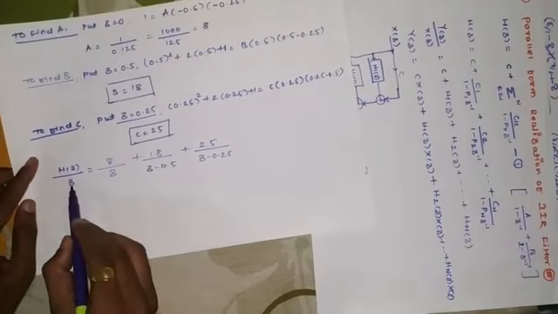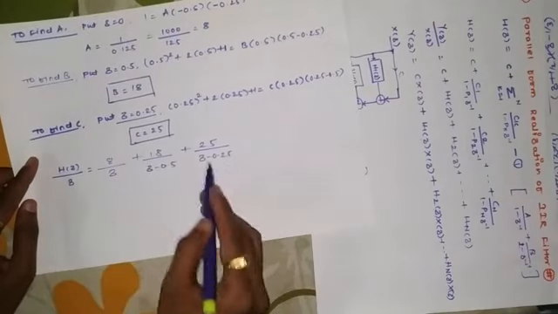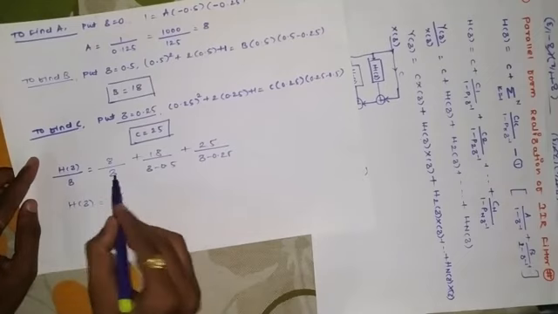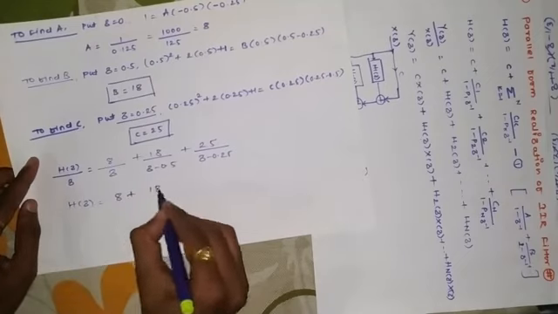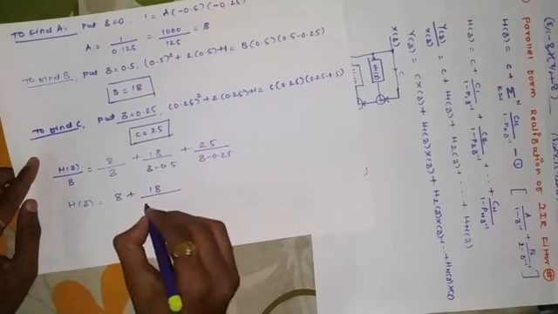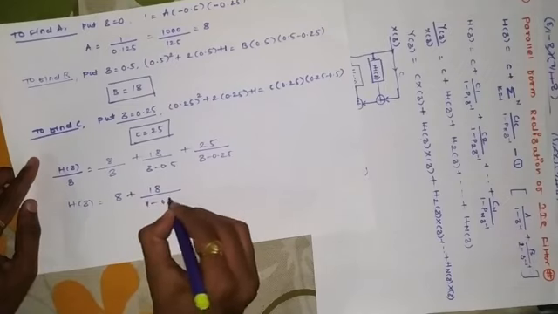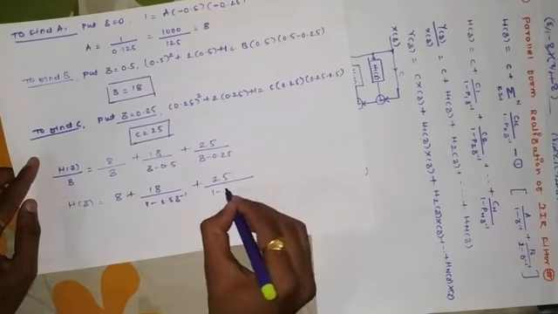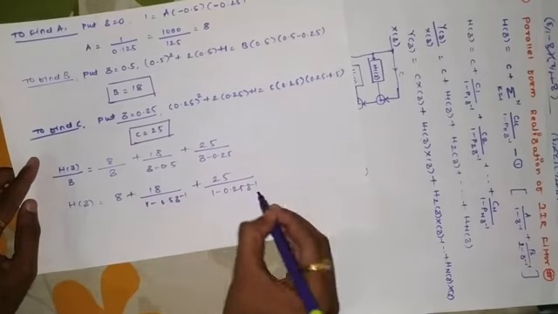Now the entire terms should be divided by z. So we'll get H of z is equal to 8, z by z will be 1, plus 18 divided by 1 minus 0.5 z inverse, plus 25 divided by 1 minus 0.25 z inverse.